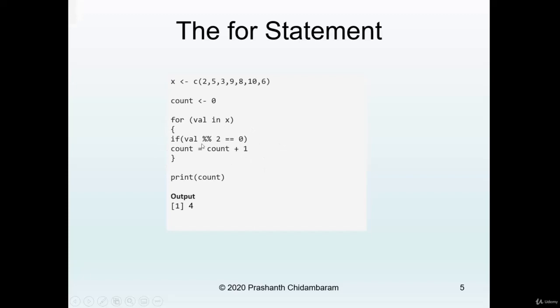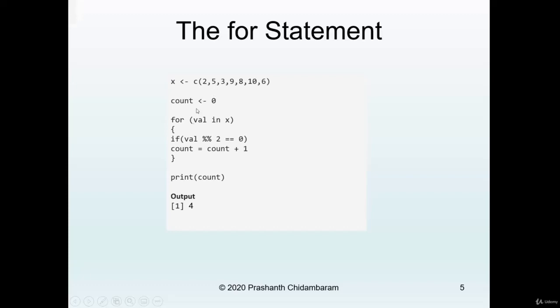If val %% 2 is equal to 0, count is equal to count plus 1. Each time val takes a new value from x. For the first time, val might be 2. So 2 %% 2 basically gives you the remainder. 2 divided by 2 leaves 0, so in this case the condition evaluates to true. And if that happens, then count is incremented by 1.